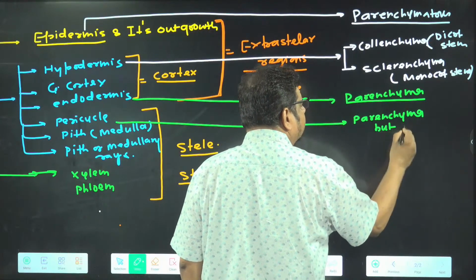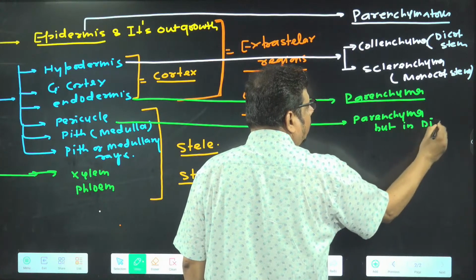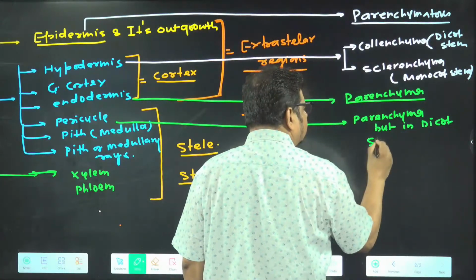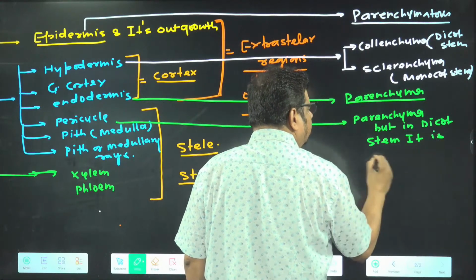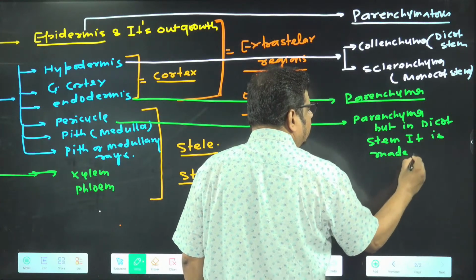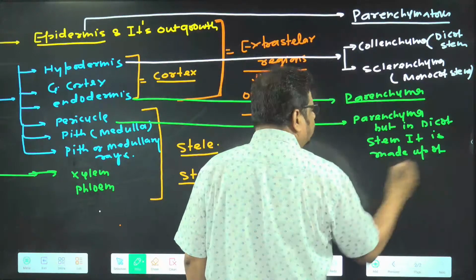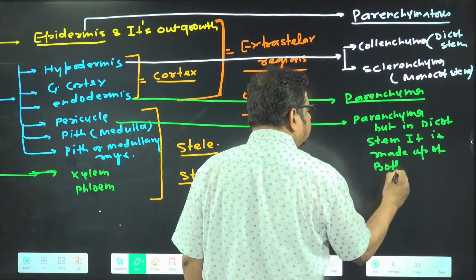but in dicot stem, it is made up of both parenchyma and sclerenchyma.